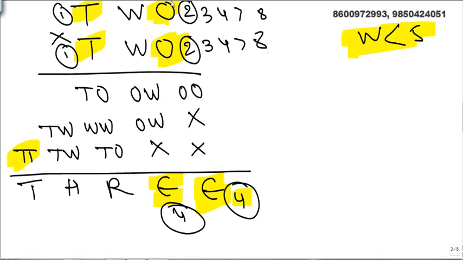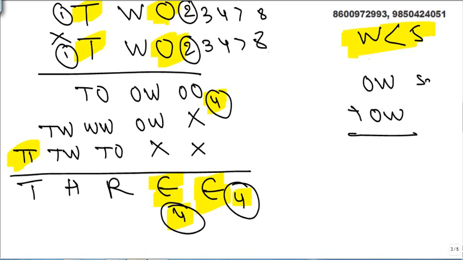Now, how can we get E as 4? Its concept is OW plus OW, O into W, same number plus same number, which is always even.